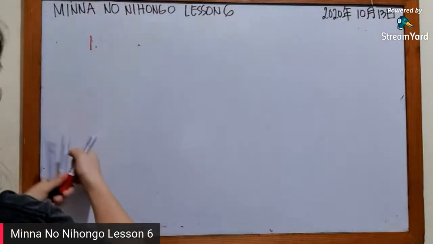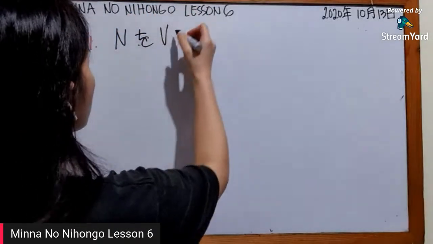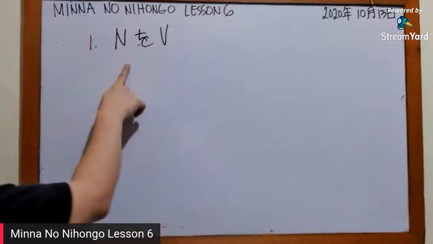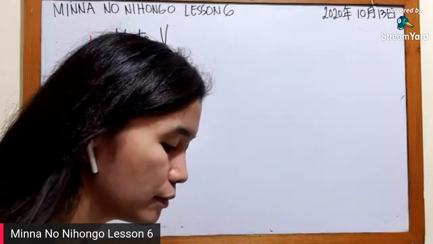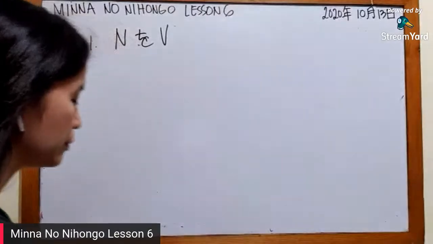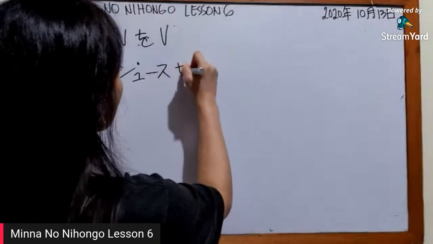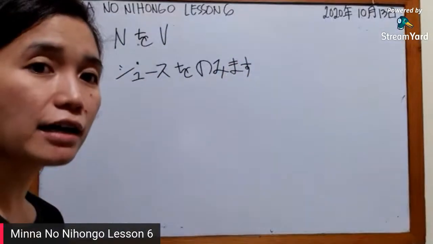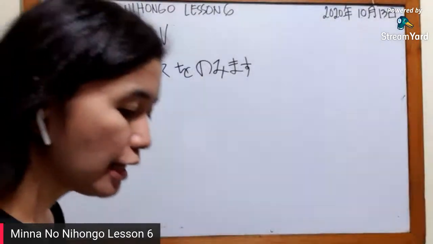So first, N for noun and V for verb. Okay. Since we haven't studied the kanji character for nomimasu yet, we will still write it in hiragana for now.